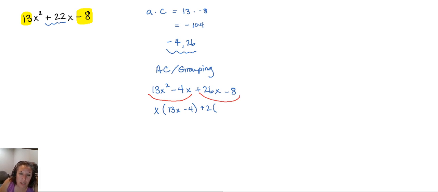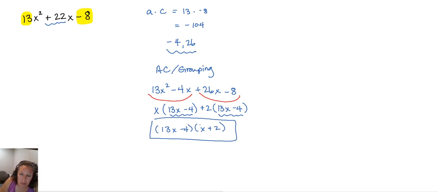I'm going to factor out a positive 2, and we're left with 13x minus 4, which is what I want because these have to be the same. Now I can factor out that 13x minus 4, and I'm going to be left with x on our first term and plus 2 on our second term. So that would be the AC grouping method.